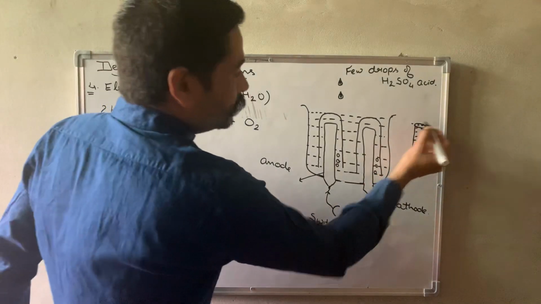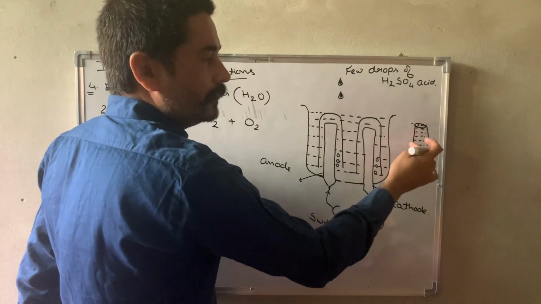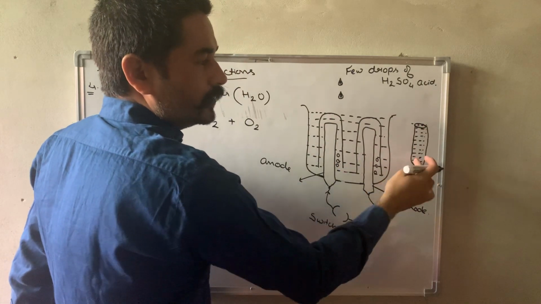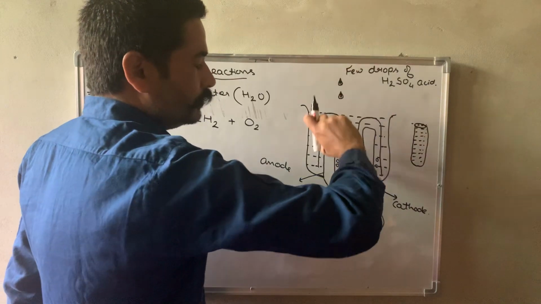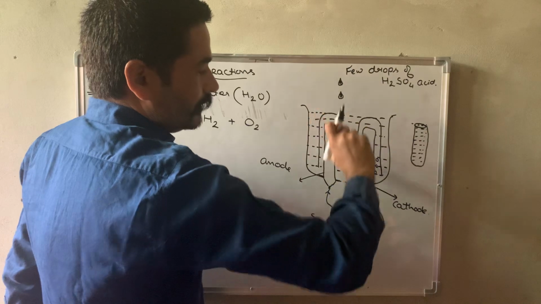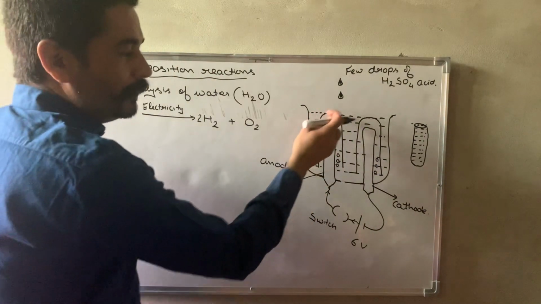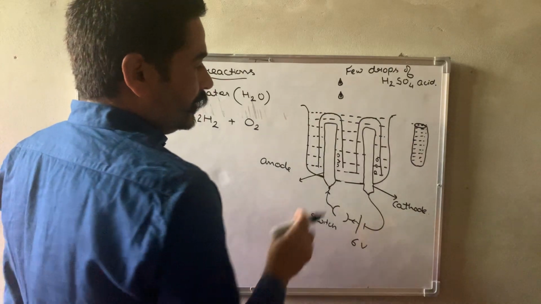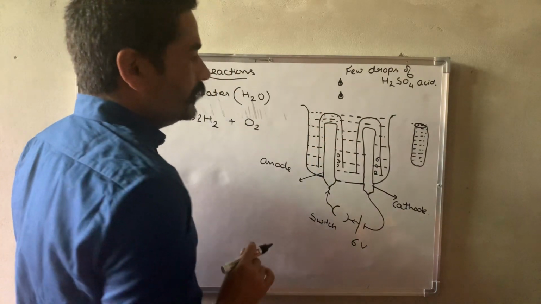So that air does not get trapped, I previously filled the test tube with water, placed a thumb, then inverted it over the electrodes. This prevents air from getting trapped in the test tubes. Now this test tube is completely filled with water.